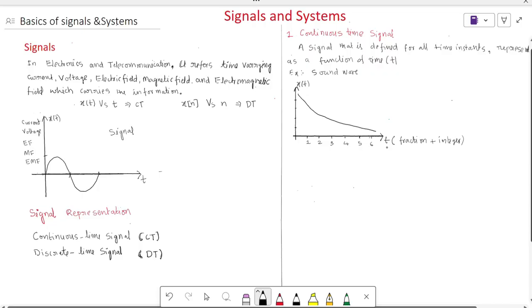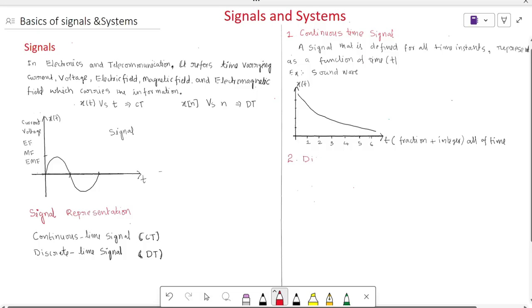Fraction and integer. So all, then so you can write all of time. So this is it. The next one, discrete time.